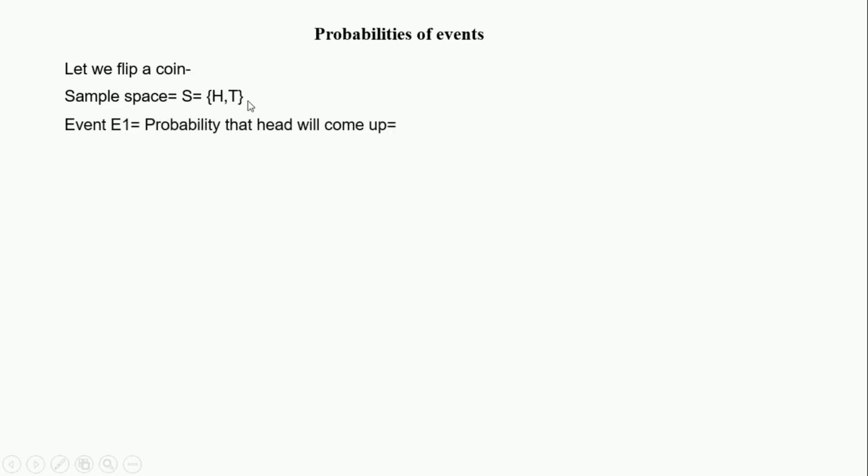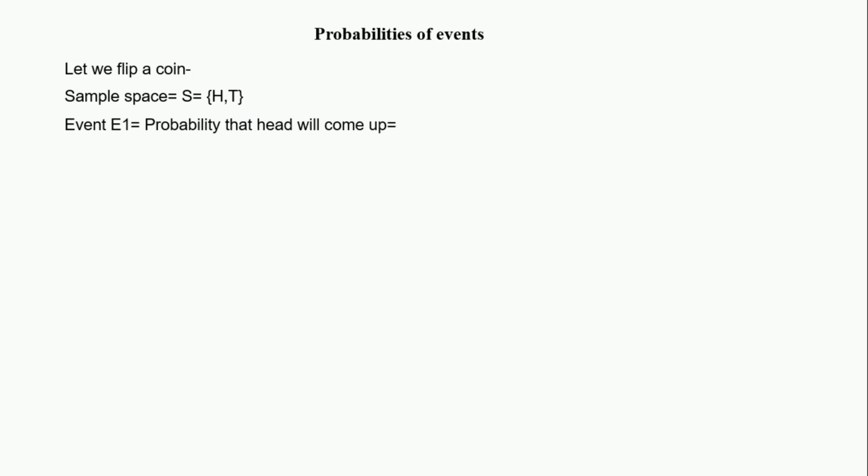Now, probabilities of events. Let me flip a coin. The sample space for this is the set of all possible outcomes. Once we flip the coin, we have only two possible outcomes, head and tail. That's why the sample space is head and tail. Event E1: the probability that head will come.